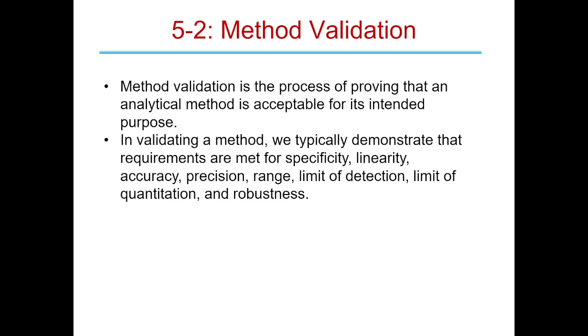Accuracy, precision, range, limit of detection, limit of quantitation, and robustness. Robustness is a big one most scientists tend to forget. Like for me, I don't need a technique to be particularly robust because I have enough practice to perform pretty much flawlessly, over and over and over, right?